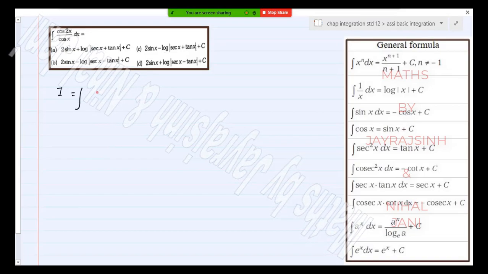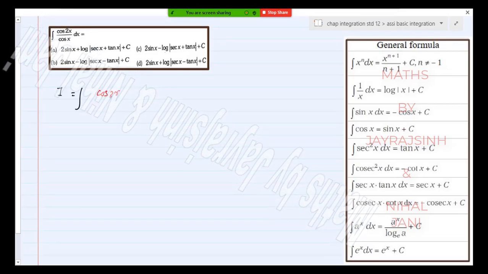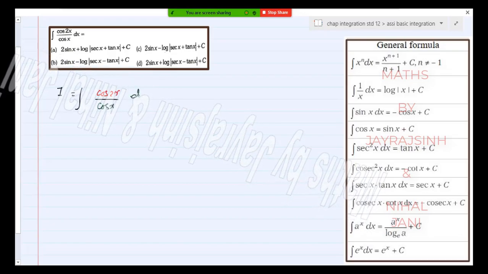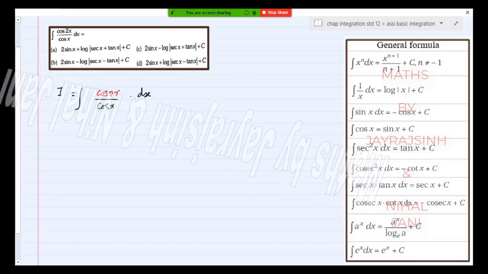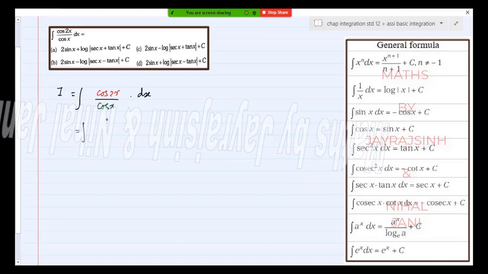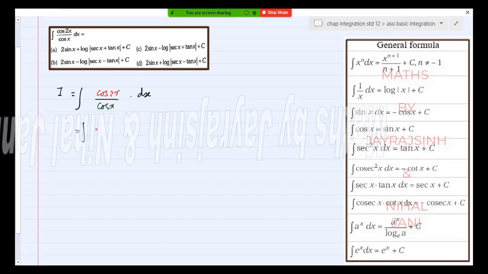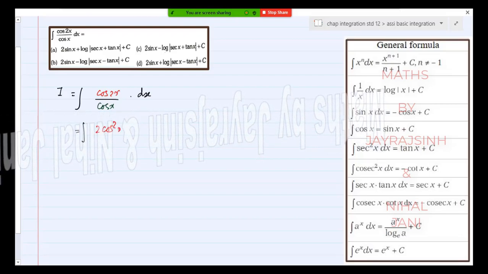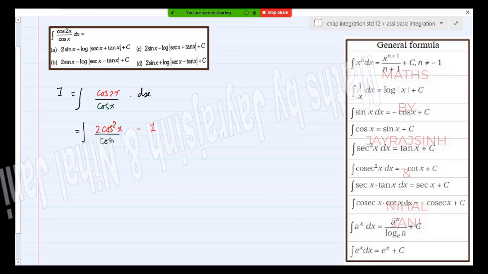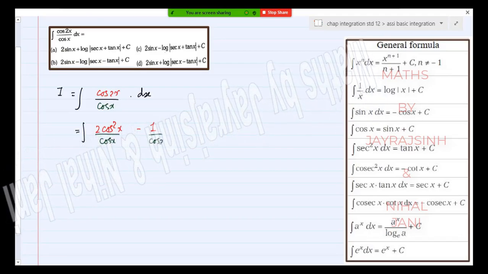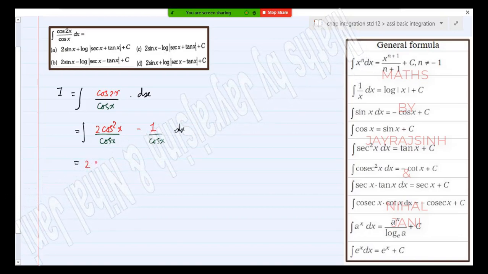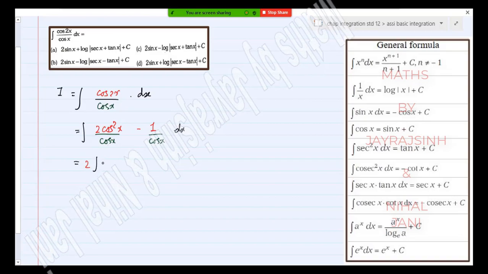Cos x dx. First one is cos square x minus n. From the options, you have to apply cos square x minus and give individual denominator term as 2. 1 power of cos x will cancel out and we will get cos x.